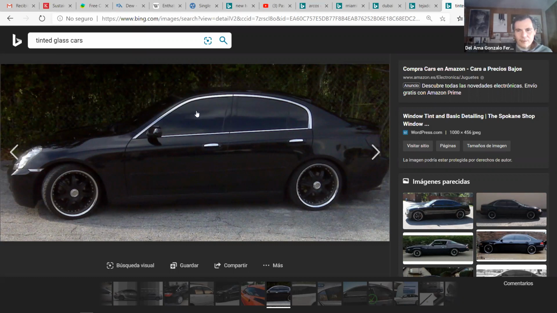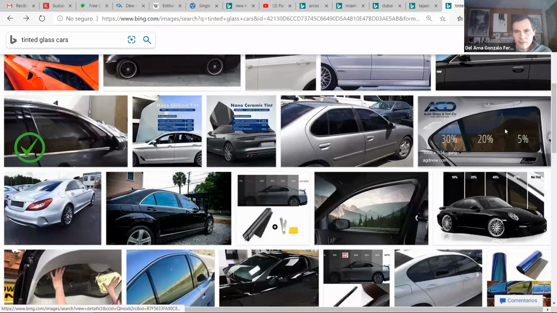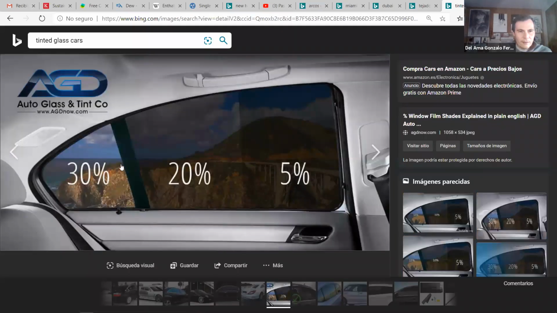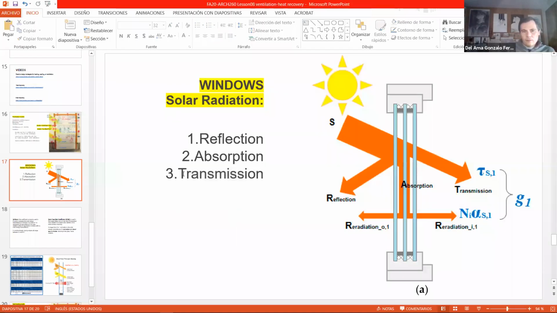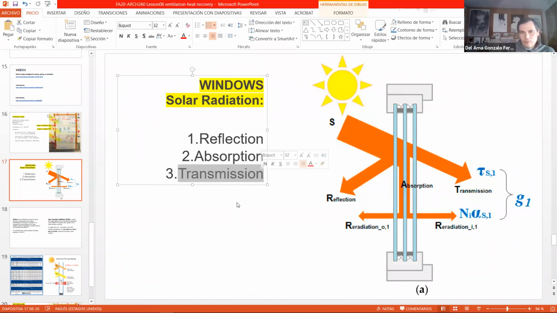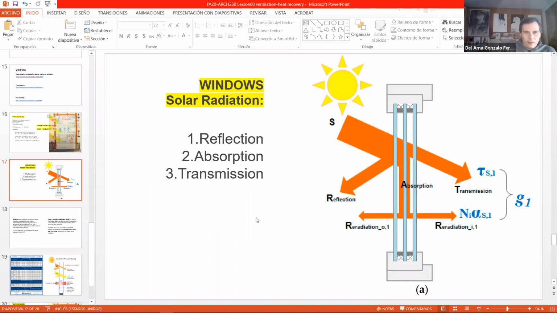That's what a mirror or a tinted glass is. It's reflecting a lot of energy. There are other glasses, and here we can see this. Okay, so we can transmit 30% or 20% or 5%. So we can have this light transmission. So we can control the light transmission or the heat transmission. And by controlling the reflection, the more energy we reflect, the less energy we will transmit. Okay, so we have to take that into account.